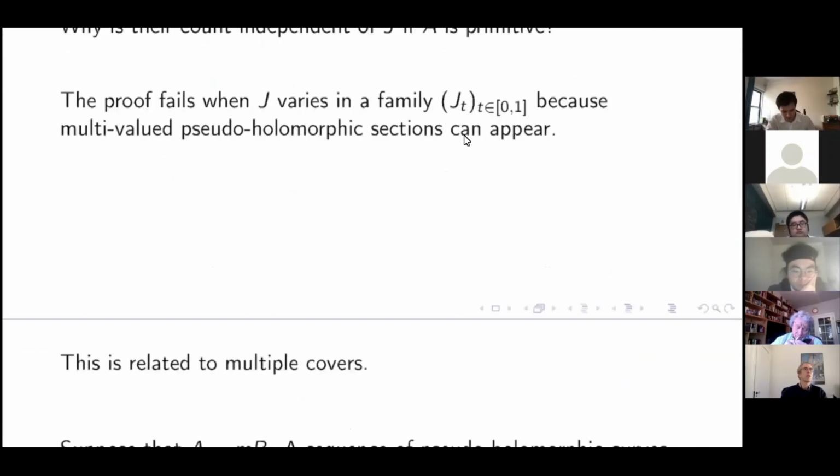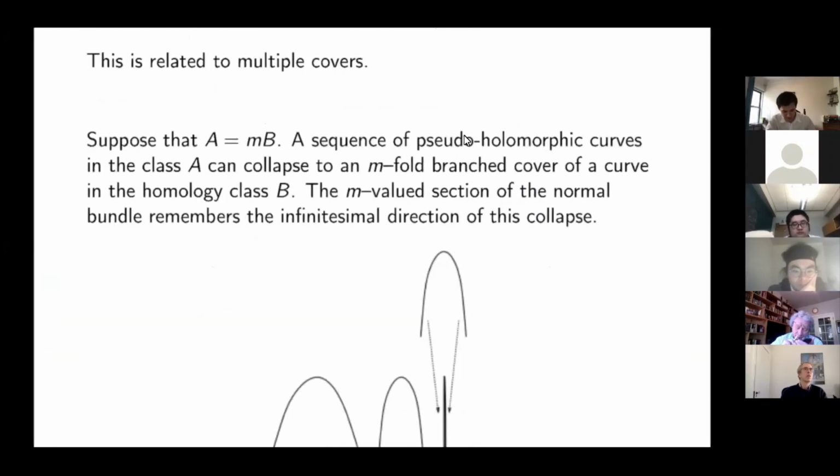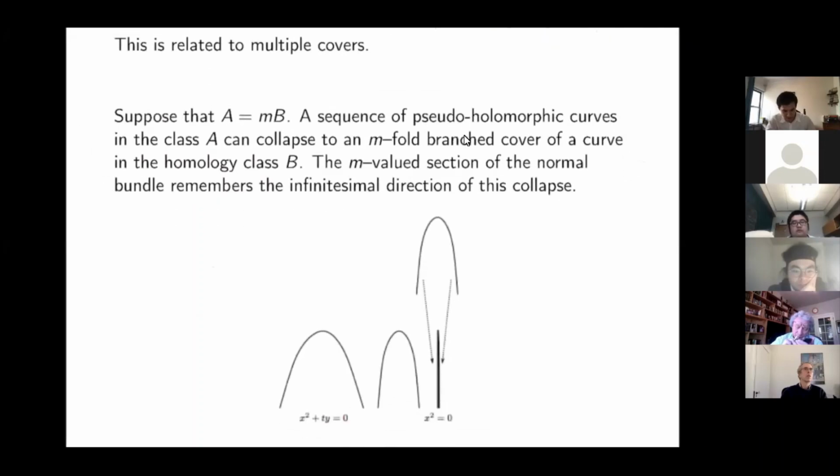So let me explain this here again. These multi-valued sections are related to the following phenomenon. Suppose that your homology class is not primitive, so it's M times B for some other homology class.